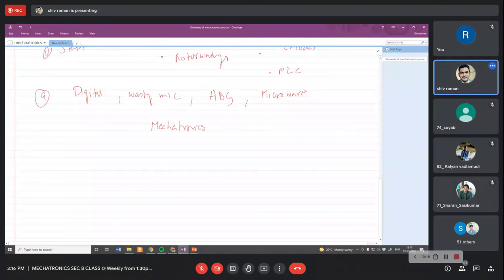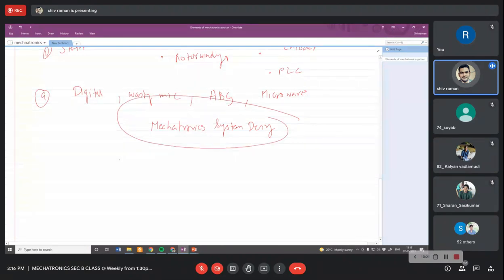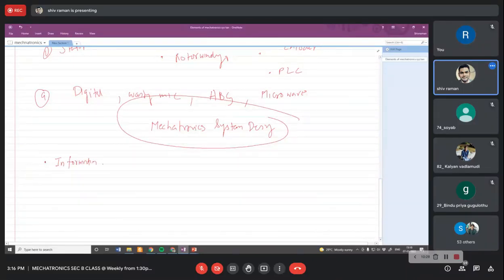Now comes the mechatronics system design. In order to design a mechatronic system, we have to consider some key elements. First is your information system. Second is your mechanical system.